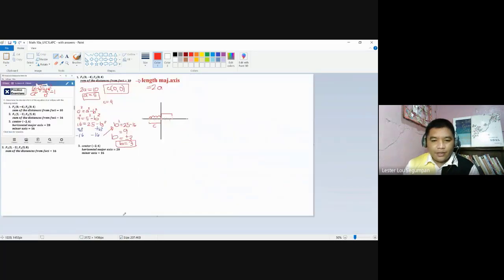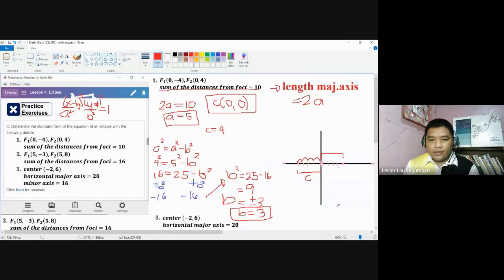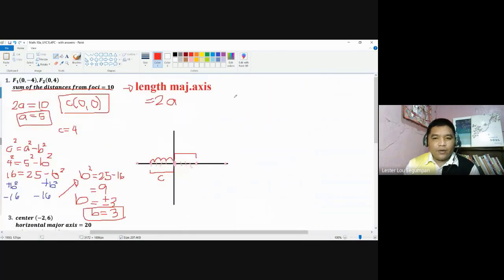So our equation is the square of x minus h plus the square of y minus k, and this will be equal to 1. Why did I leave the denominators unknown? Because I don't know yet whether I will place a squared here or b squared, or b squared and then a squared. My hint is that I will place a squared depending on the position or the orientation.